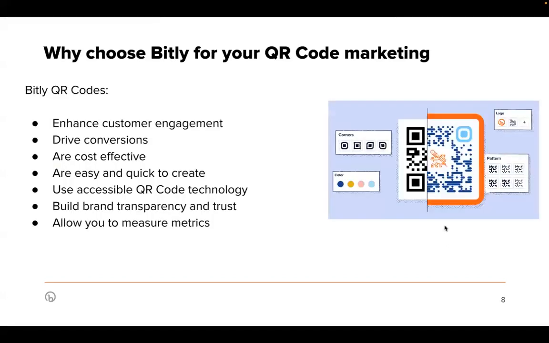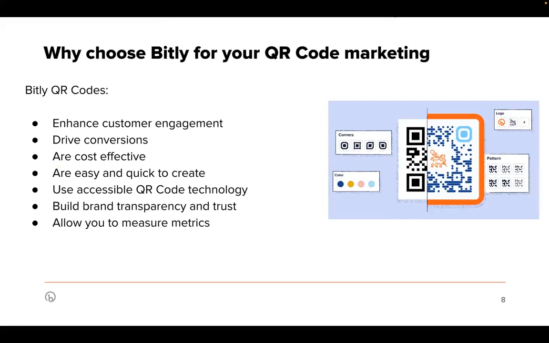Perfect. So now that we're a little more familiar with the QR code itself, you're probably thinking, why would you want to use it in your marketing? So want to just highlight some key reasons why you would want to incorporate QR codes. It enhances customer engagement and makes it super easy for people to engage with your content on the go.